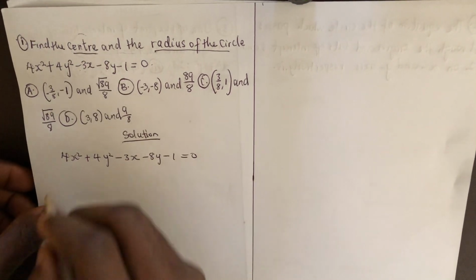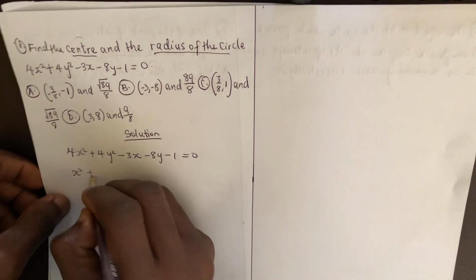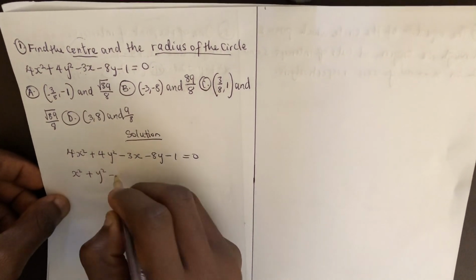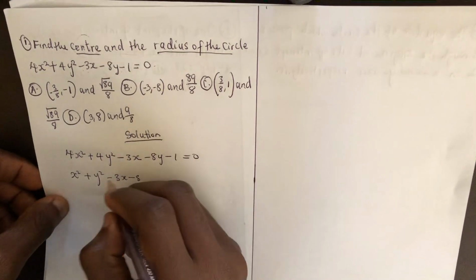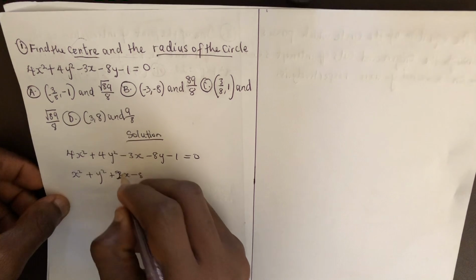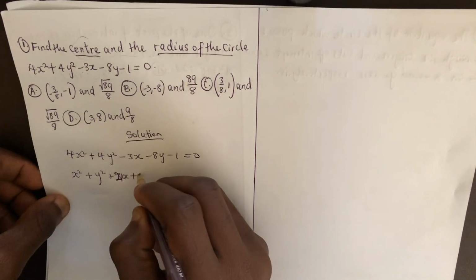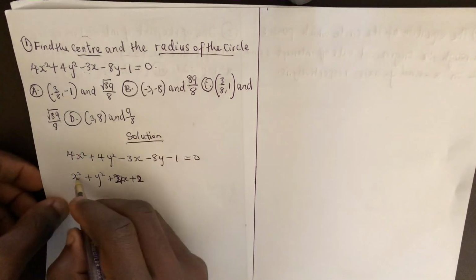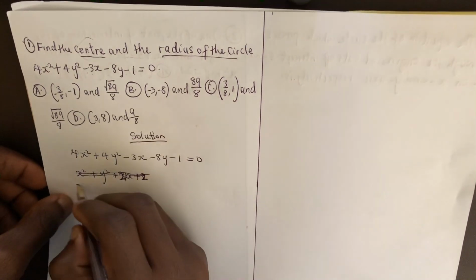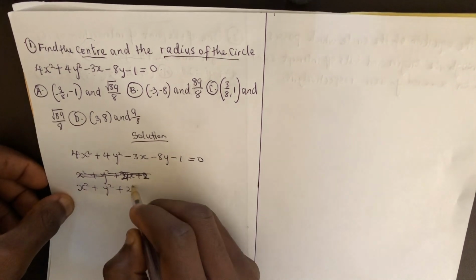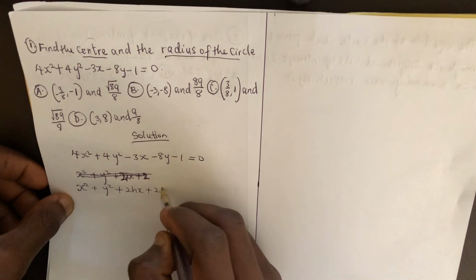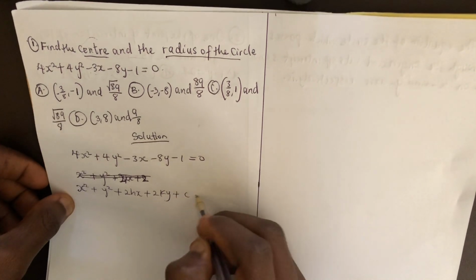Remember that the general equation of a circle is x squared plus y squared plus 2hx plus 2ky plus c equals 0. Sorry about that, let me write it properly.